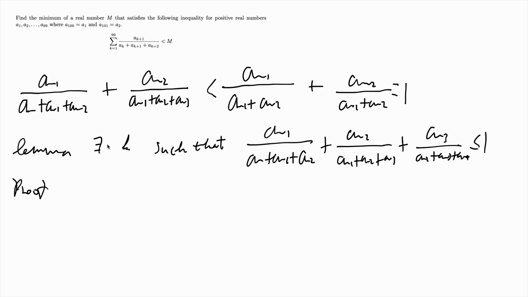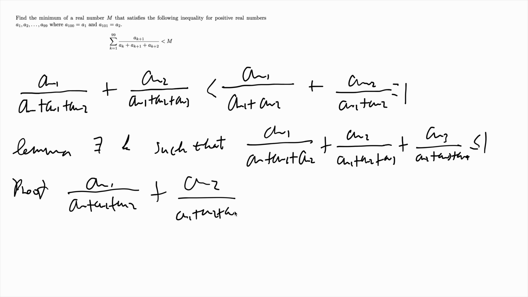So in order to show this, it suffices to prove that... I don't want to be too formal right now because I'm quite lazy to write them. Plus 3, 2, 3, 4. I think everyone can understand what I'm saying right now if I do this. I think that would be much better.